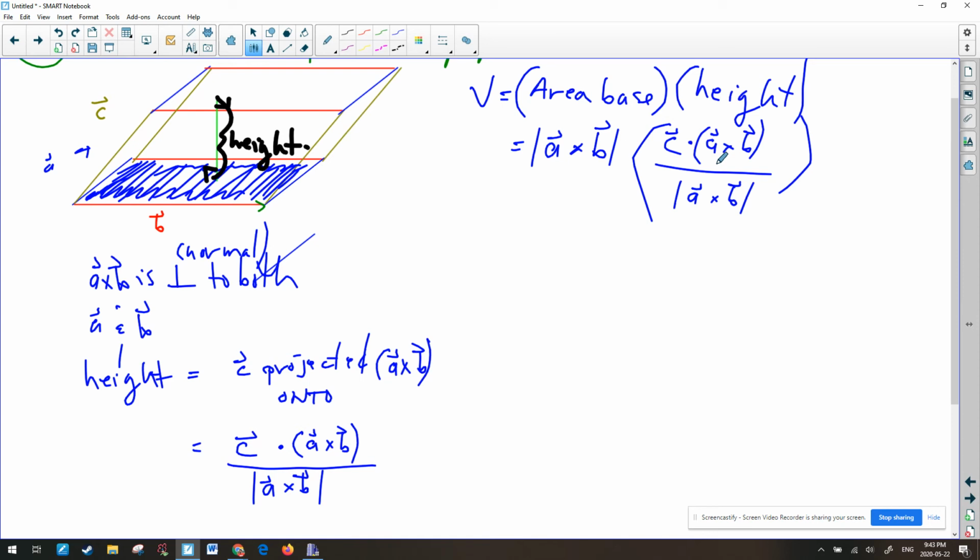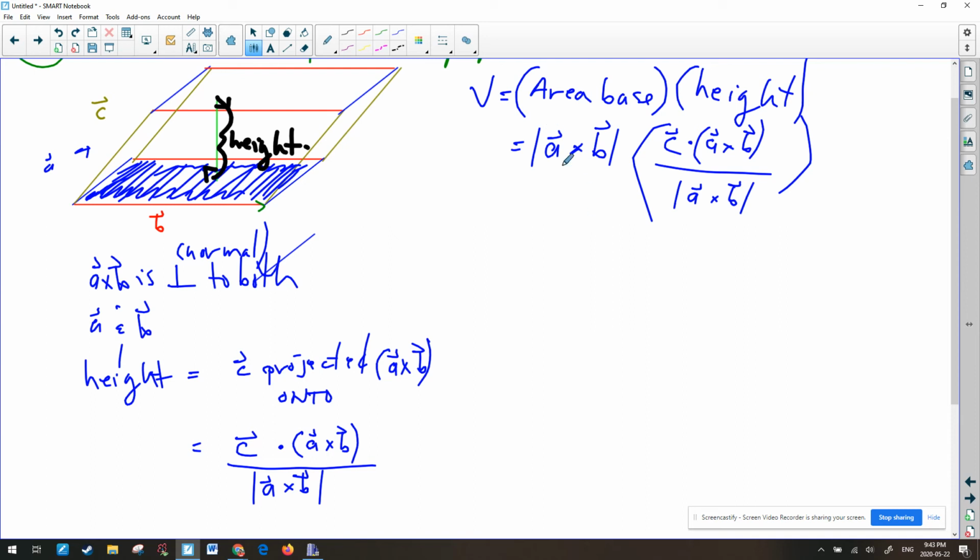Think about it for a second, and I'm going to tell you why. If I didn't do that, then I would do multiplication in the order that it appears, and I would do C dotted with A. I can do C dotted with A all day long, but the result of C dotted with A is a scalar. And if I tried to cross a scalar with a vector, the world explodes, and it's not going to happen. So that's why that has to be in brackets.